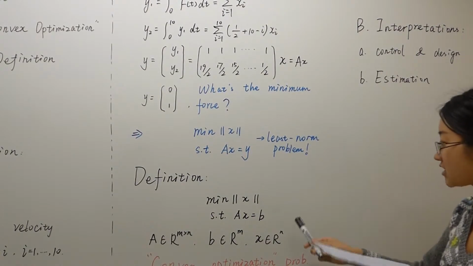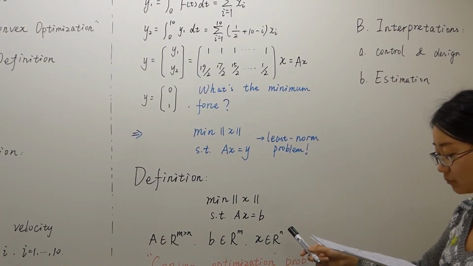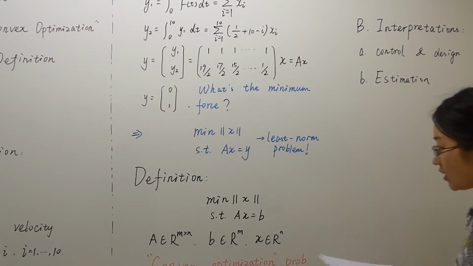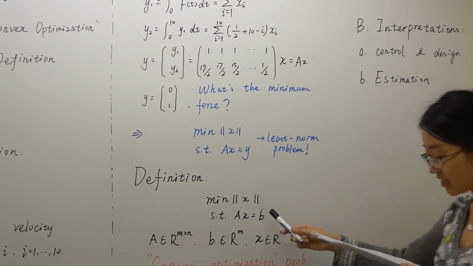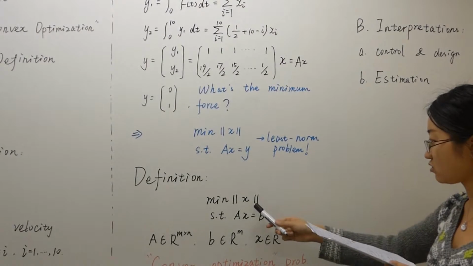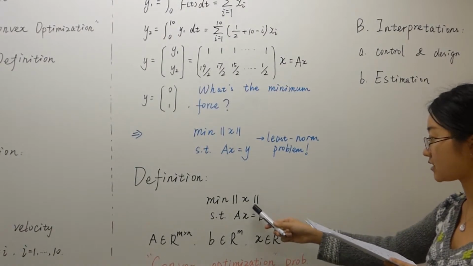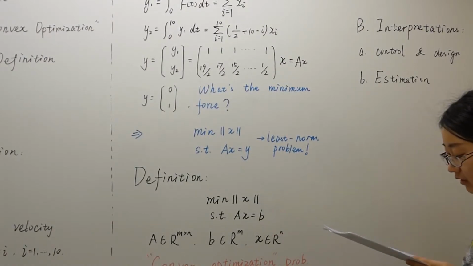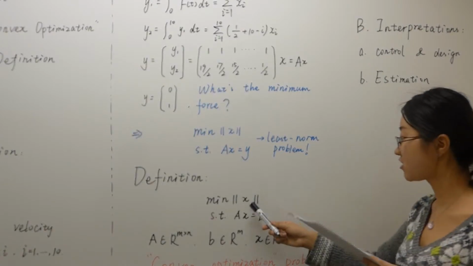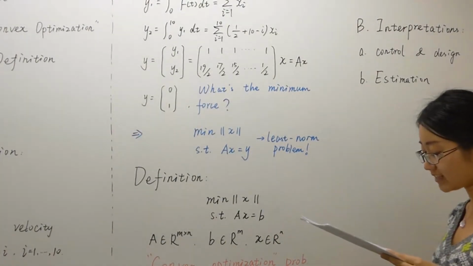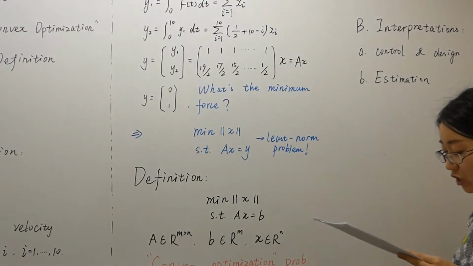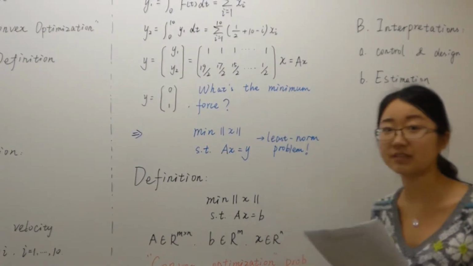Without any further measurements, we must use prior information. Suppose that our prior information is to ensure that x is as small as possible, measured by the norm. So the least norm problem can help us to choose the one that is smallest.